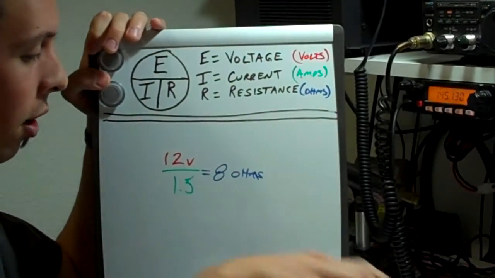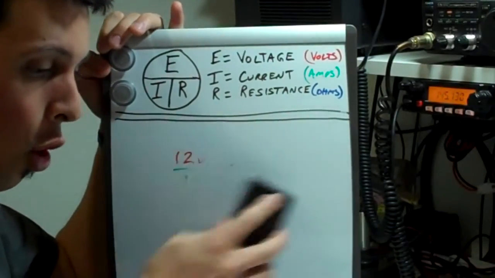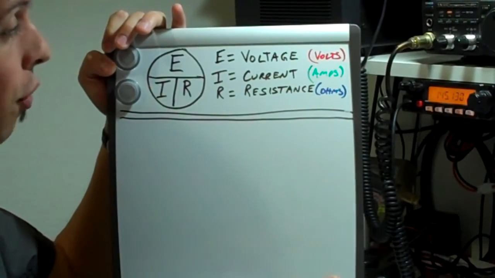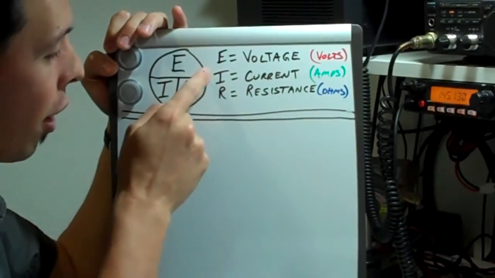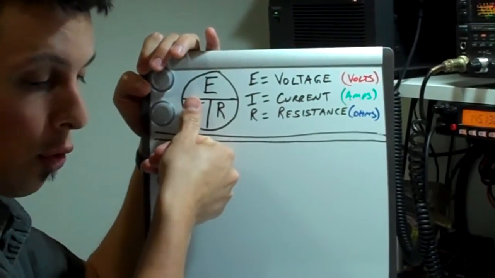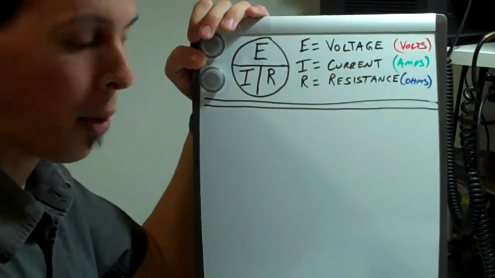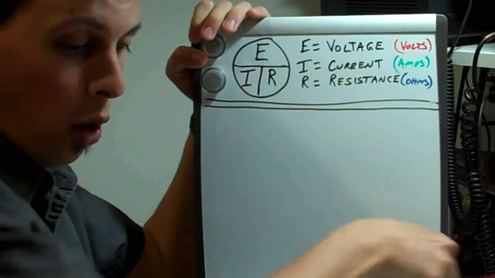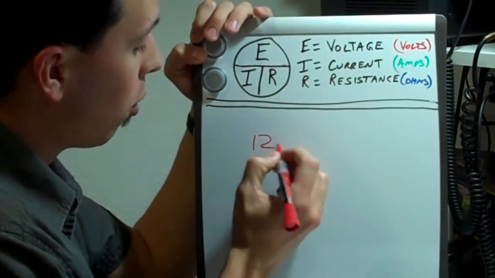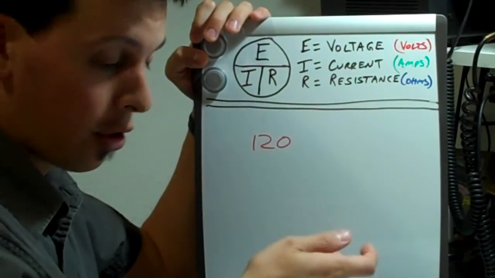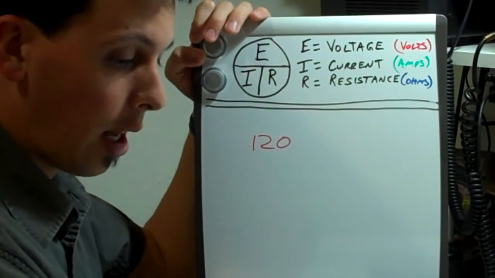All right, let's try a little different one. What is the current flow in a circuit when, so now we're looking for the current, I. E over R is going to be our equation. What is the current flow in a circuit when an applied voltage of 120 volts is divided by a resistance of 80 ohms?